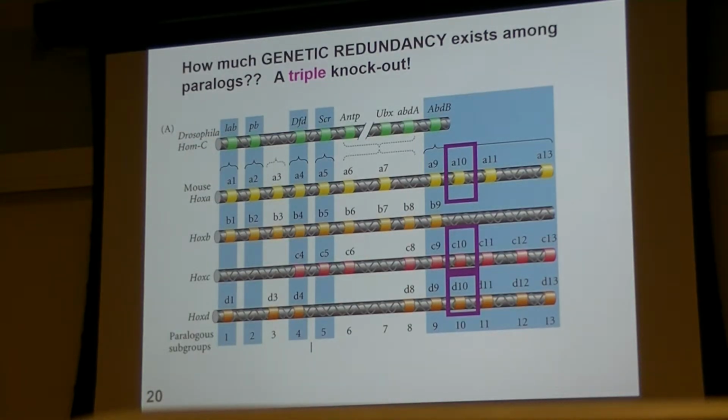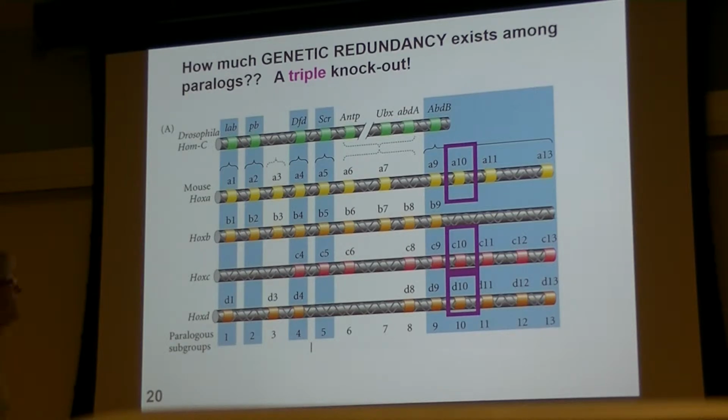Okay, so we know we can get homeotic transformation. We know we have combinations of Hox genes acting together. And we know we have these paralogs due to the 4 sets of Hox genes in vertebrates. So, coming back to the question of whether the paralogs share any function within their little group, the only way to really answer it would be to knock out all of the members of the paralogous group and see what happens.